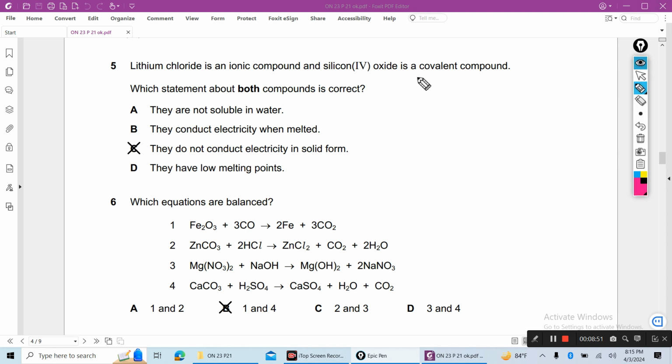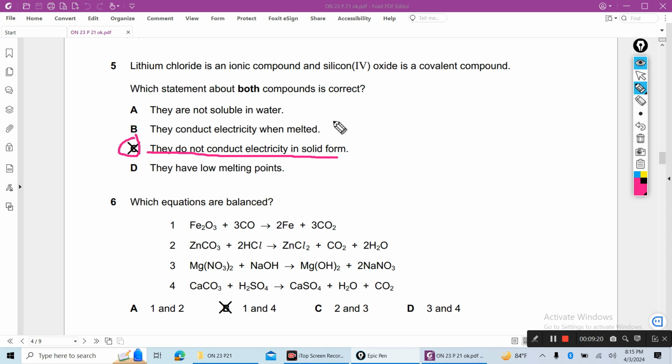Now number 5. Lithium chloride is an ionic compound and silicon dioxide is a covalent compound. Which statement about both compounds is correct? Answer is C. They do not conduct electricity in solid form.